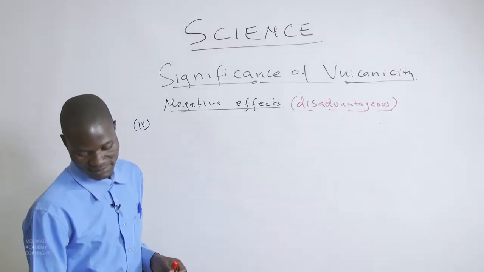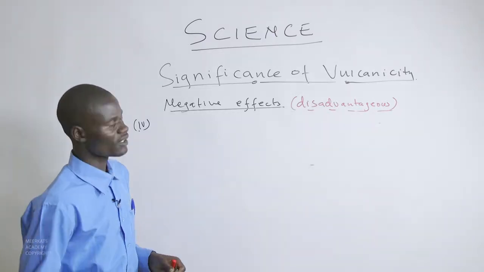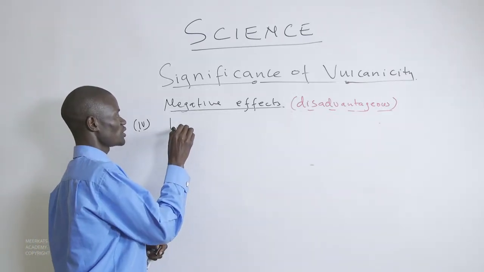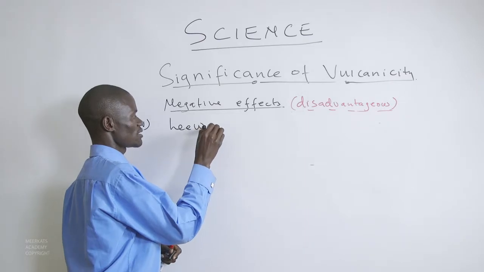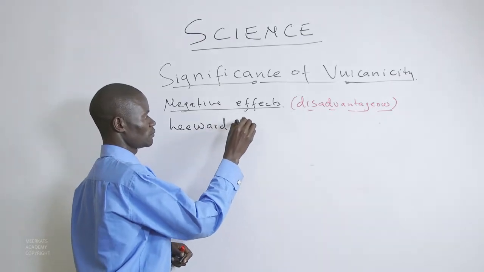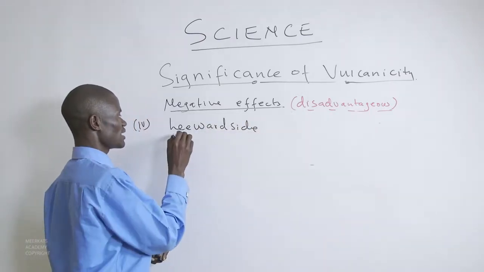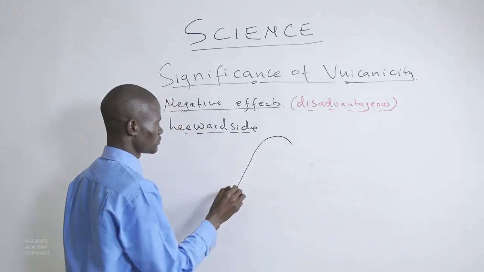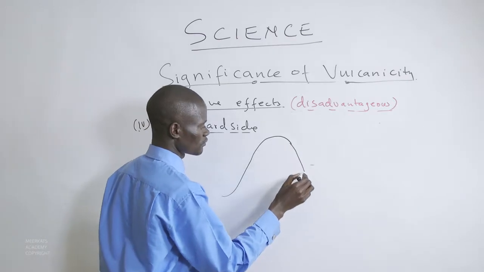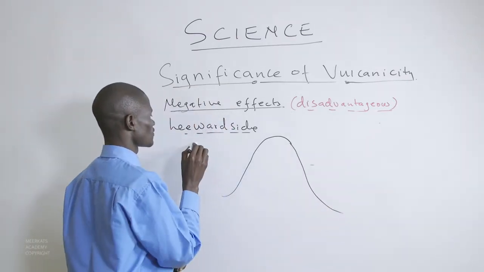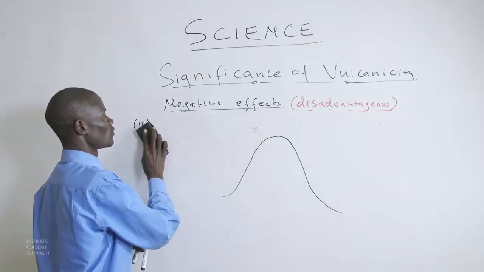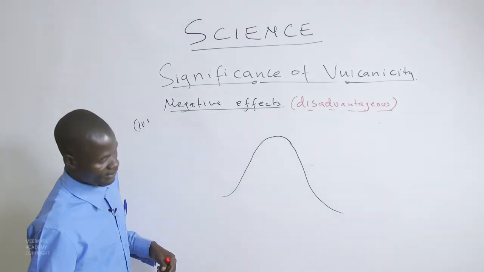Of volcanicity, we have the volcanic mountains forming on the leeward side. The leeward side of the volcanic mountain.